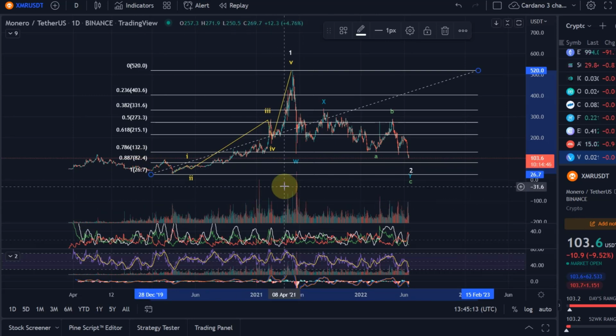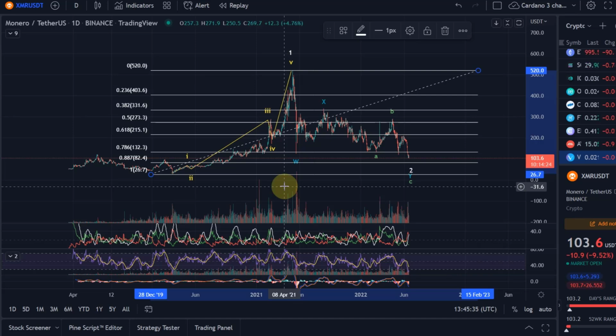For cryptocurrencies, usually highlighting the area between the 88.7% Fibonacci retracement level and the 78.6, so between roughly $82 and $132. That is normally where you would reasonably expect a wave 2 to finish and to reverse to the upside.